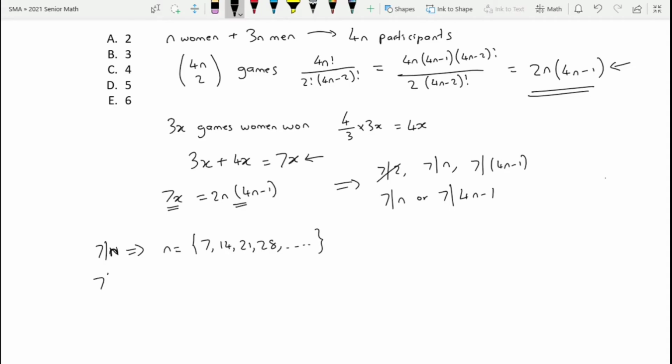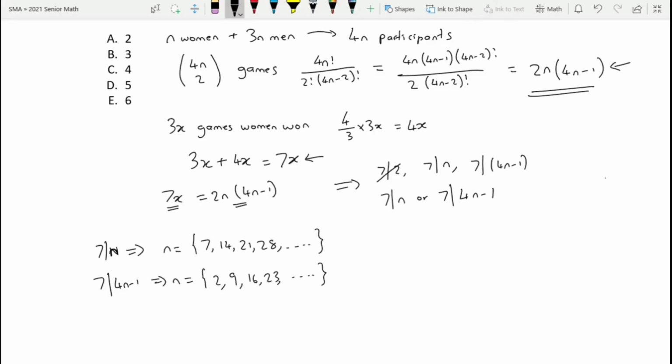And if 7 divides 4n minus 1, the possible values of n are going to be 2, 9, 16, 23. You can easily get those values out. So these are the possible values that n can take: 7, 14, 21, 28, and so on. Just keep on adding 7. And this other one, 2, 9, 16, 23, and so on. Just keep on adding 7 to all those numbers to get the rest of them.